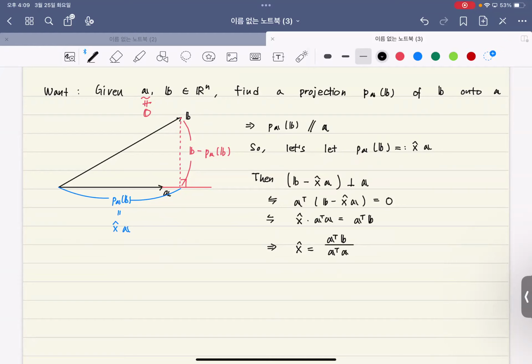If you multiply this number to your original vector A, then that is going to be the projection.